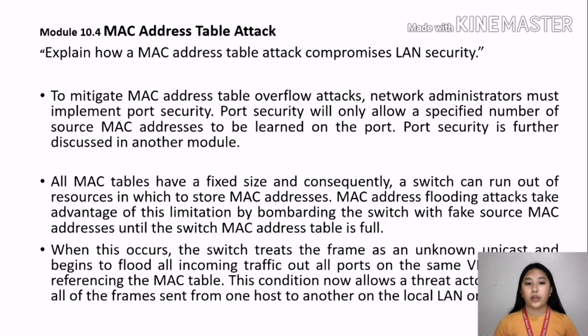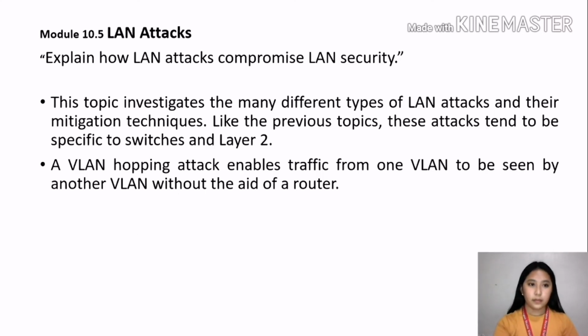When this occurs, the switch treats the frame as an unknown unicast and begins to flood all incoming traffic out of ports on the same VLAN without referencing the MAC table. This condition now allows a threat actor to capture all of the frames sent from one host to another on the local LAN or local VLAN.